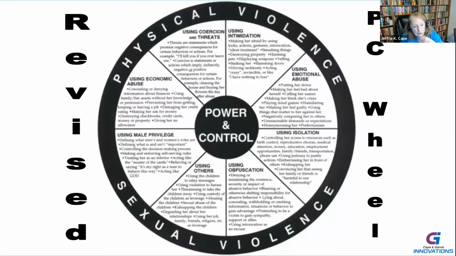And the section where the original power and control wheel uses minimizing, denying, and blaming, we switched to obfuscation. Someday ask David Garvin about what Ellen Pence said to him about obfuscation being added to the power and control wheel. And the part where it talked about using children was expanded to using others, because we recognize that people use institutions and family and friends also. And so we added that to this.